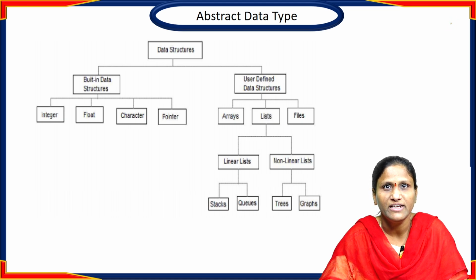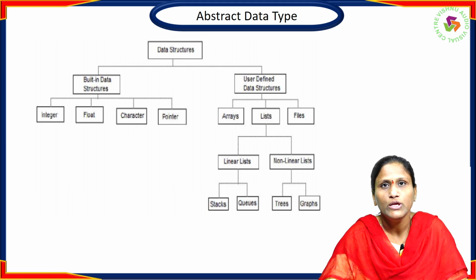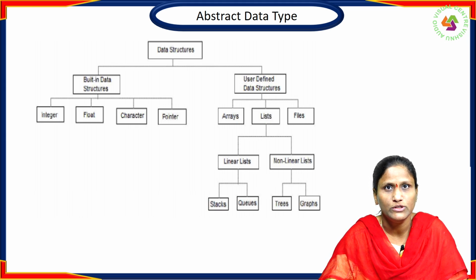Now let us discuss what are the different types of abstract data types. Here we are having built-in data structures and user-defined data structures. In built-in data structures, we are having arrays, stacks, queues, and in user-defined data structures, we are having trees, binary trees, breadth-first search, so many things.